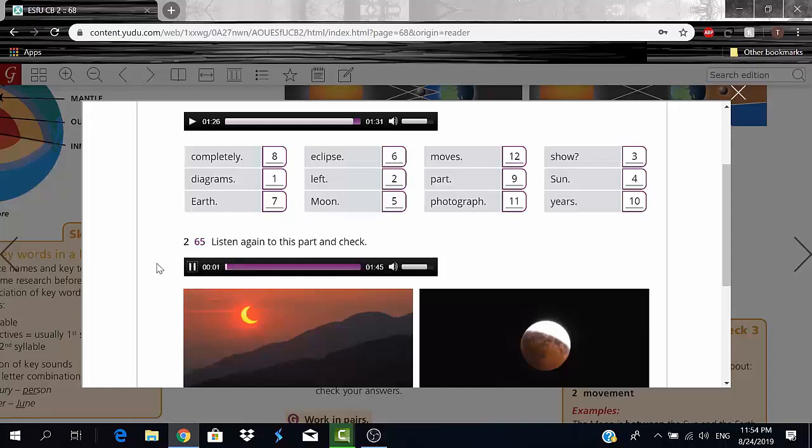65. Exercise E2. Listen again to this part and check. 1. Now, I've given you a couple of photographs and 2 diagrams. 2. Can you look at the photograph and the diagram on the left? 3.